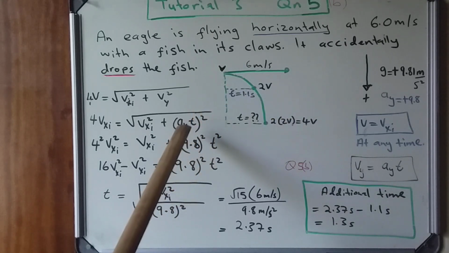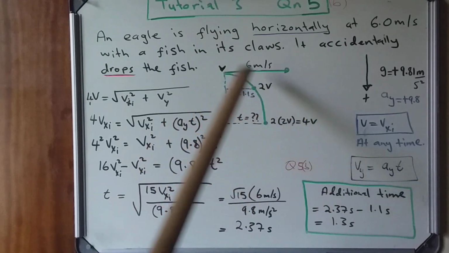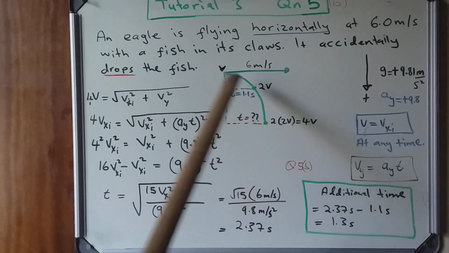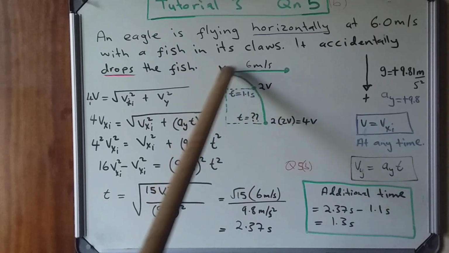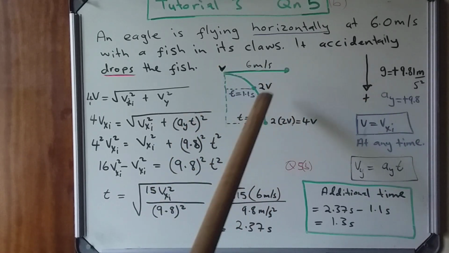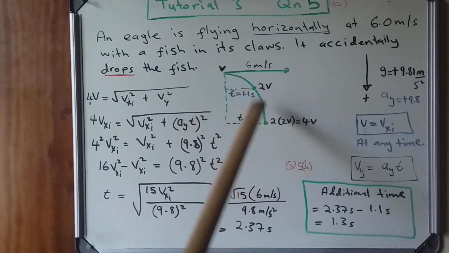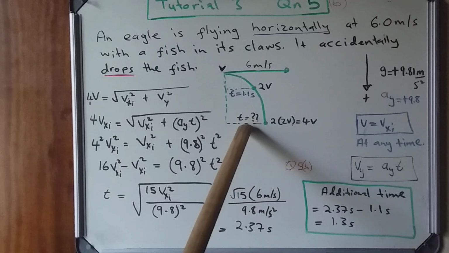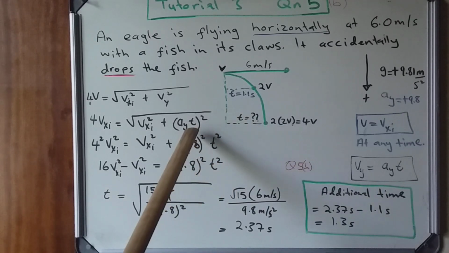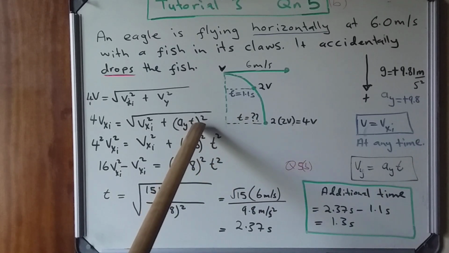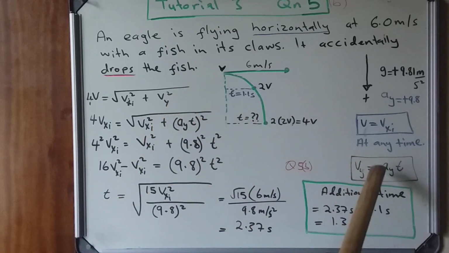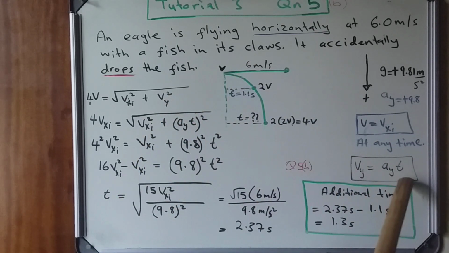The final velocity in the y is no longer 0 like the initial, whereby the v sine 0 was 0. For now, the final velocity in the y is a certain value which is dependent on time. That's why we write a multiplied by t, because the final velocity in the y is dependent on time.